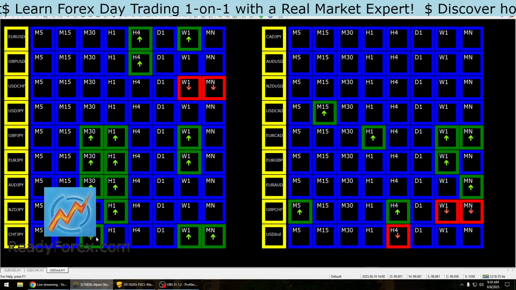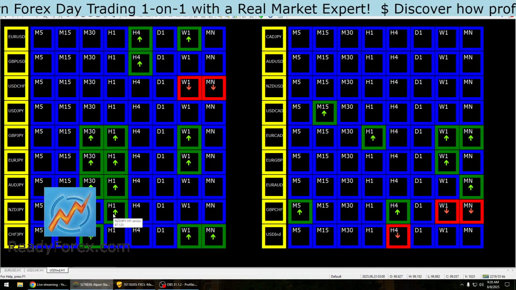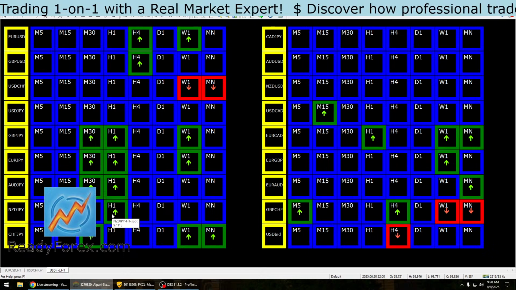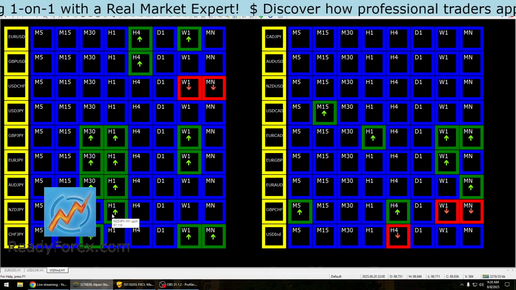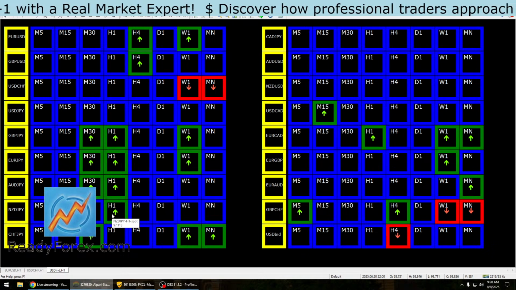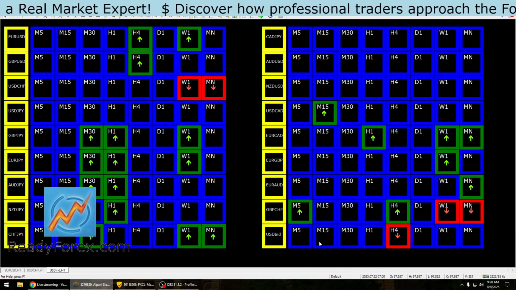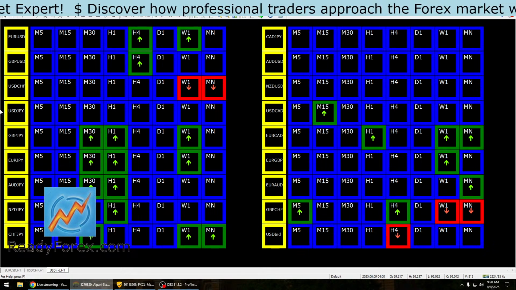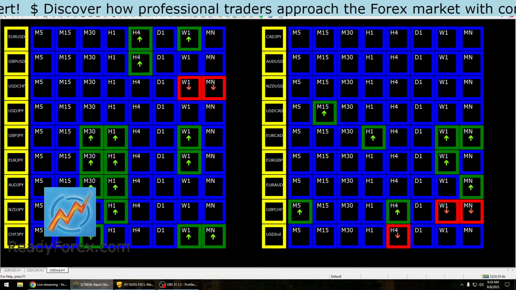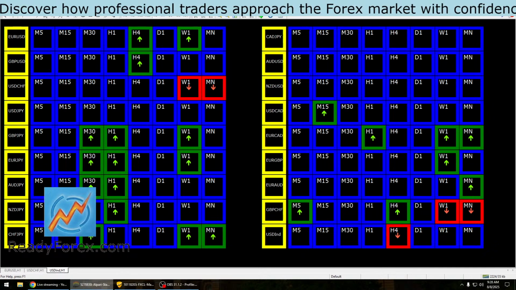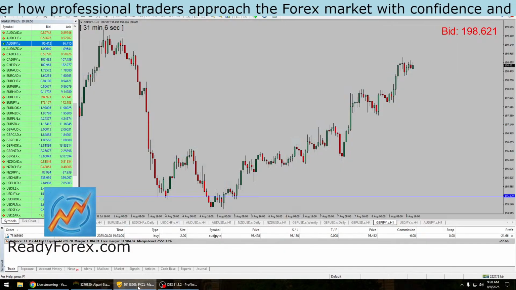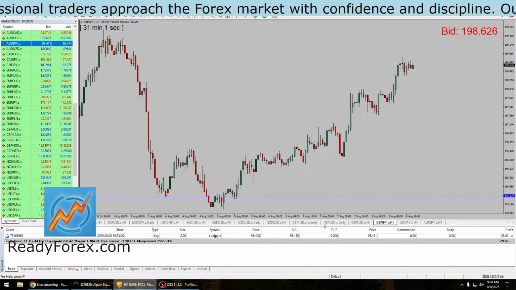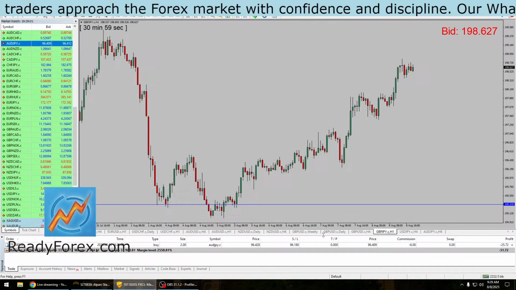I wouldn't say much bullish, just a little bit bullish over here. Okay, so the stop loss is actually quite big in pound yen. That is the reason why I did not take a trade in pound yen.